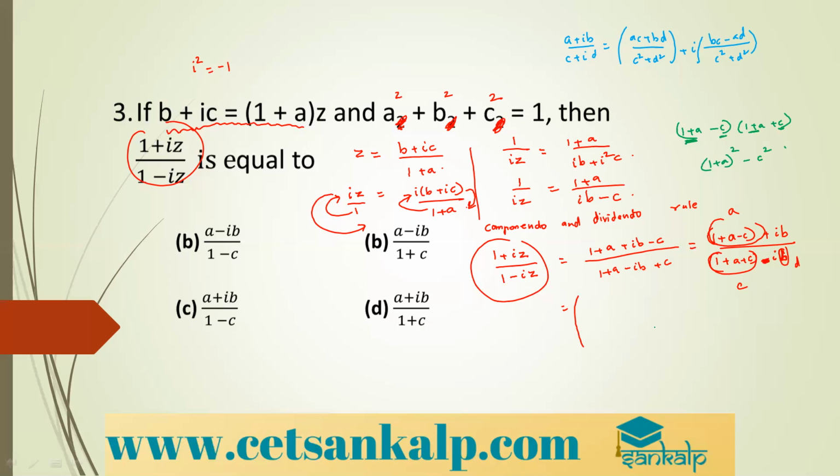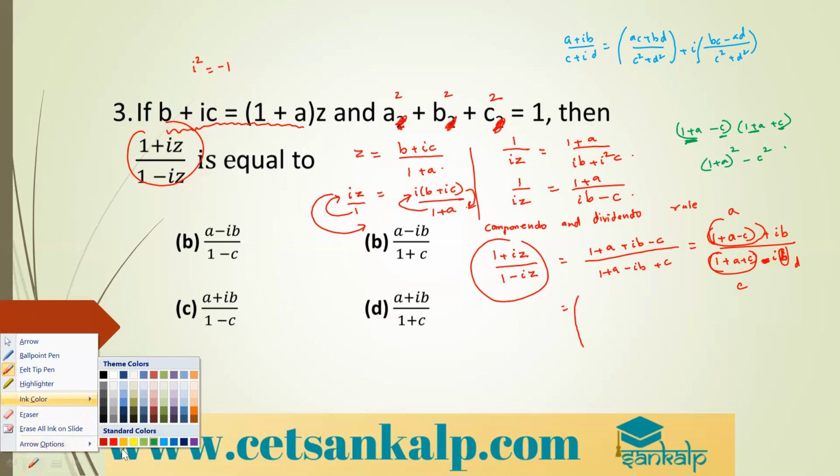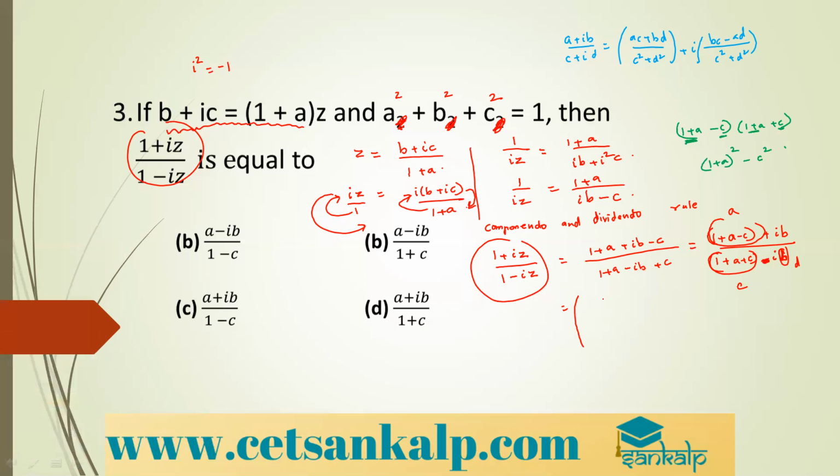So when you multiply ac, what you will have is 1 plus a whole square minus c square. Then plus bd. When you multiply b and d, you will get minus b square. Denominator c square: 1 plus a plus c whole square plus d square minus b whole square.